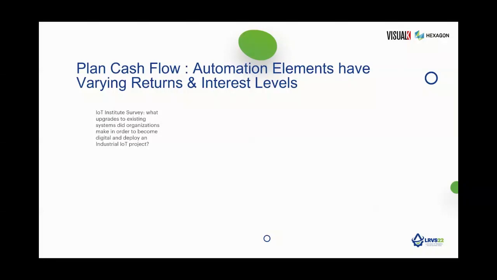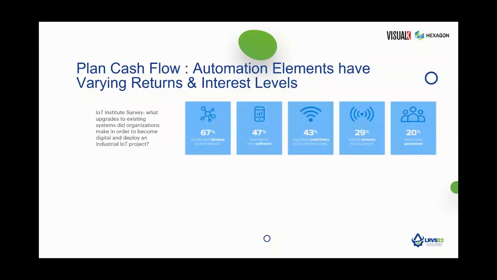So the IoT Institute did a survey, and they looked at the kind of upgrades that organizations were making in order to become digital and deploy industrial IoT projects, right? So they looked at things like connecting devices, new software, upgrading your machinery so that it can actually connect and communicate, adding sensors, actually hiring new personnel, right?